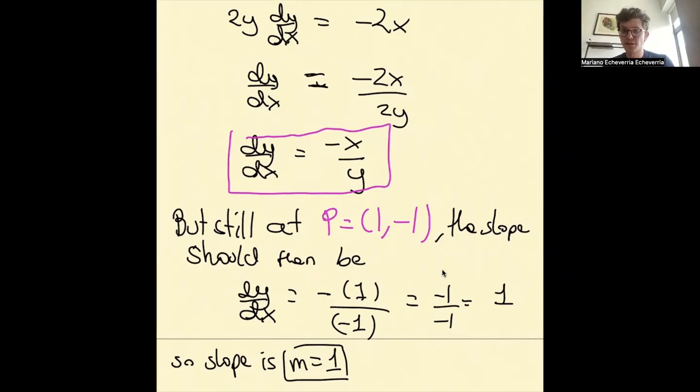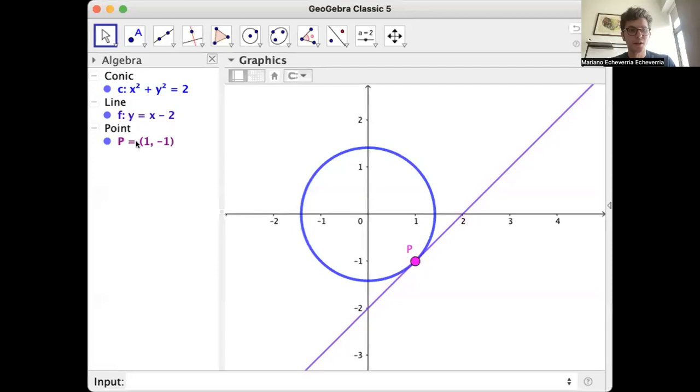Okay, let's do a second example to make sure that this is making sense. Let's go back to GeoGebra first, and I can show you what I want to do now. Okay, let's write another equation.